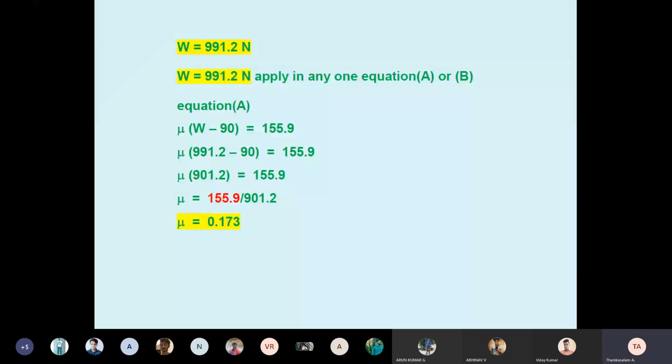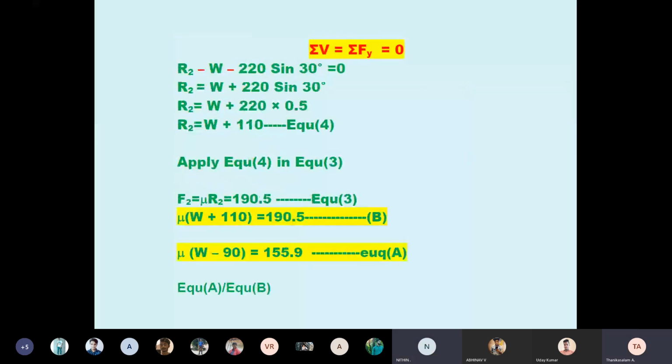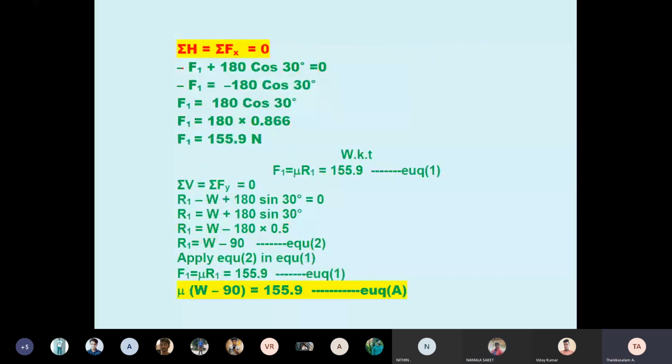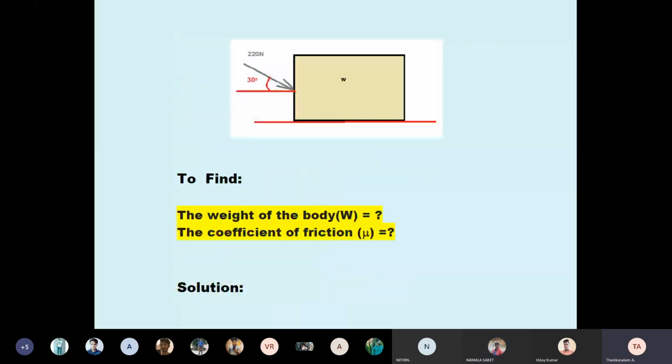Nidhish, Nitin? Yes, sir. Are you following with me? No, sir. Amala Sagat? Louis? Yes, sir. Are you understanding? Amala Sagat, are you following with me? Yes, sir. Following. Louis, do you understand this problem? Yes, sir.